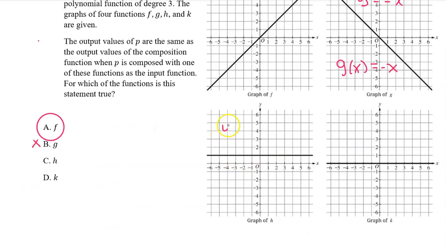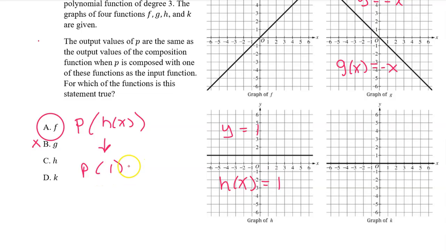This is the horizontal line y equals 1. In function notation, we have h of x is equal to 1. Now let's think about the composite function p at h of x. This is p at 1 because h of x is equal to 1.